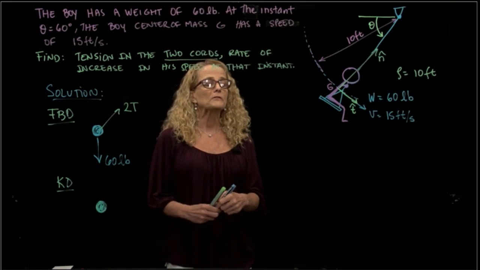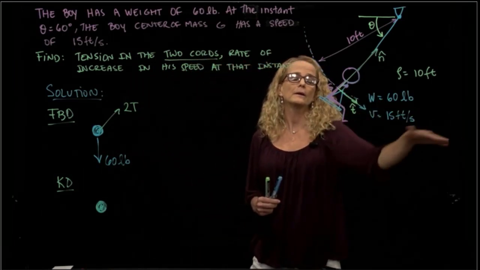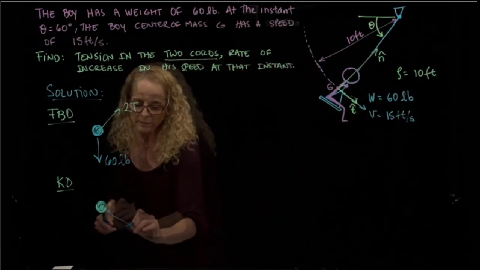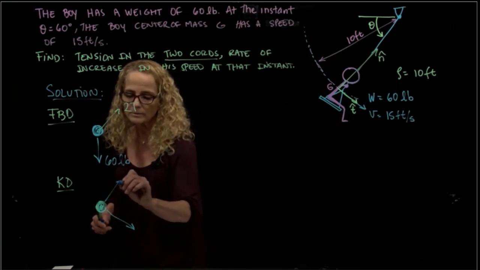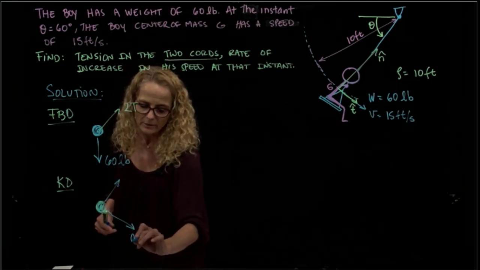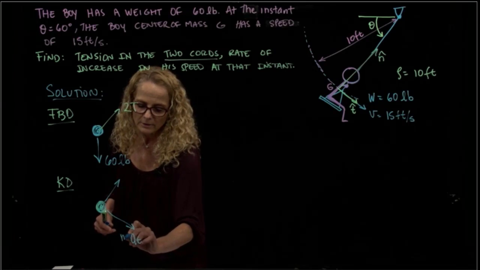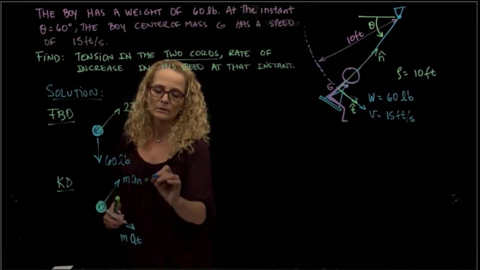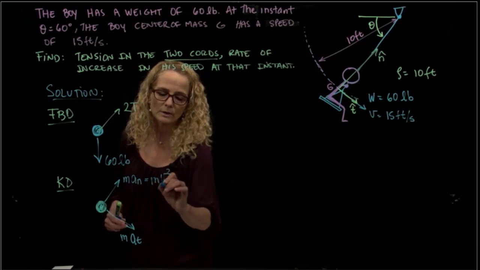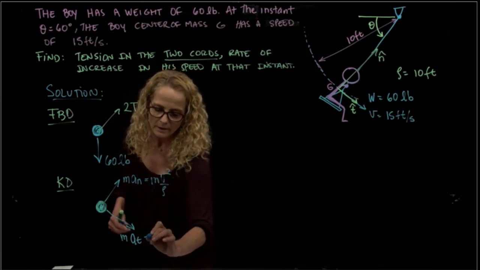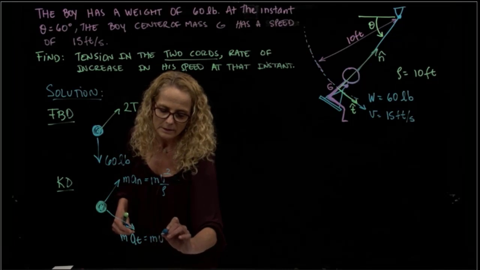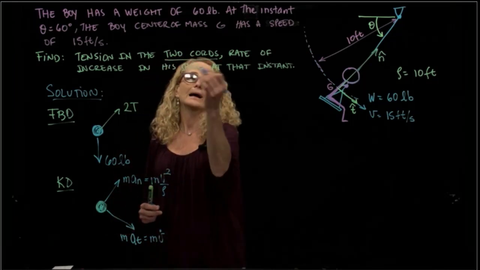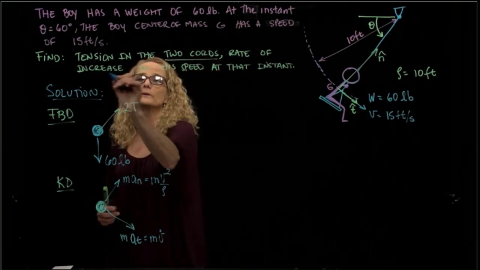Since we have a curved trajectory, we have a tangent acceleration and a normal acceleration. We know that the normal acceleration is the velocity squared over the radius of curvature, and our tangent acceleration is actually the rate of increase of speed.